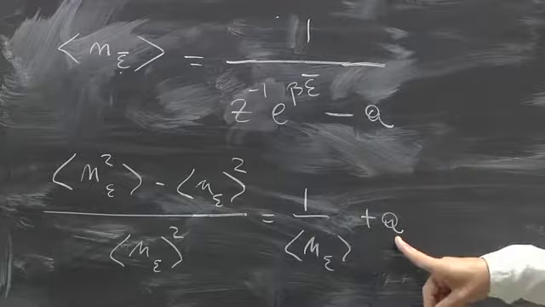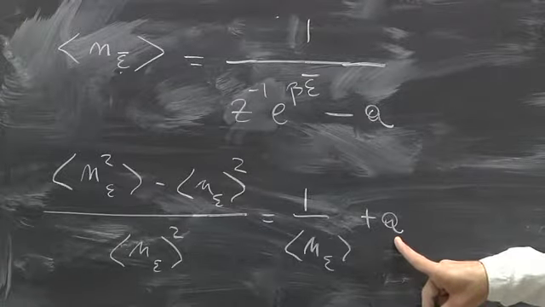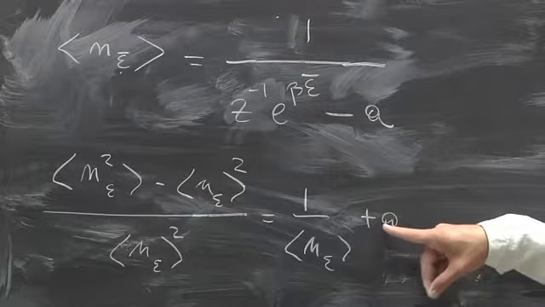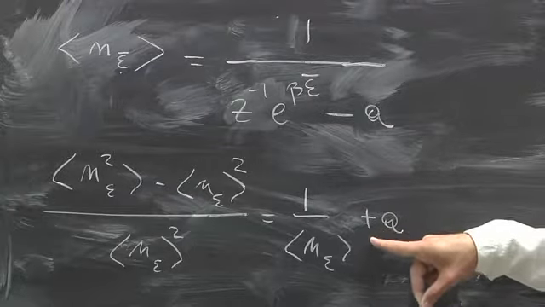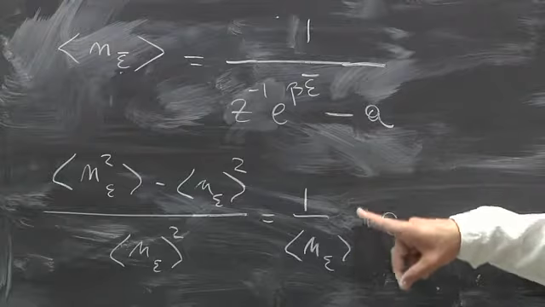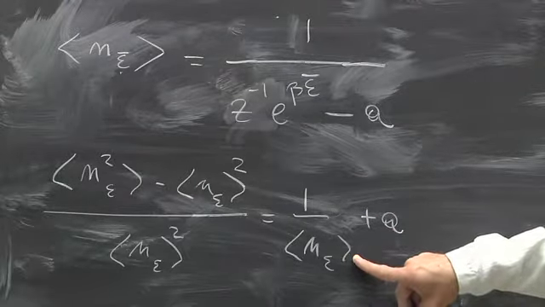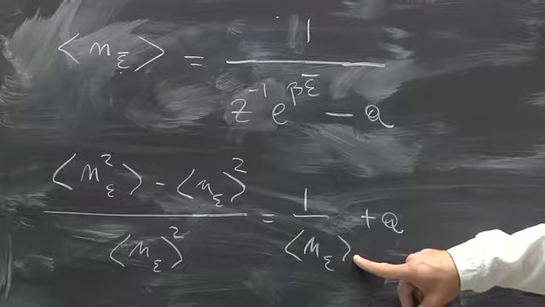Now, the other thing which you see from this formula is that the quantum effects become important when the occupation number is large.